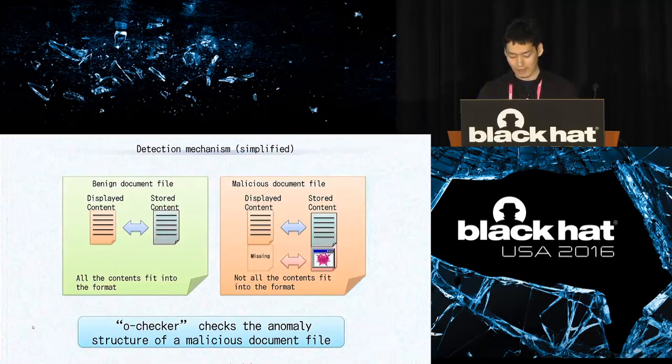In this slide, I'd like to briefly talk about how O-Checker detects malware. The left half of this slide shows the state of any document file format. Generally, Microsoft Word, Excel, PDF, and other document files have different file formats.